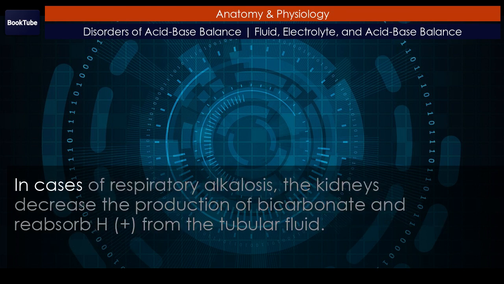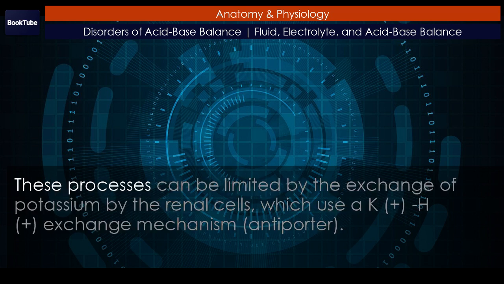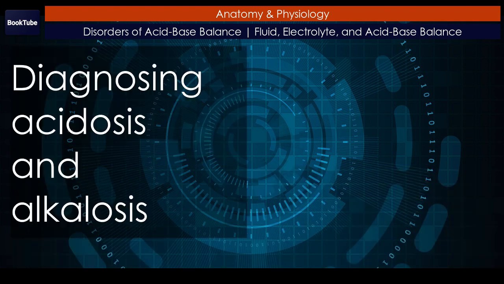In cases of respiratory alkalosis, the kidneys decrease the production of bicarbonate and reabsorb H+ from the tubular fluid. These processes can be limited by the exchange of potassium by the renal cells, which use a K+/H+ exchange mechanism, an antiporter.